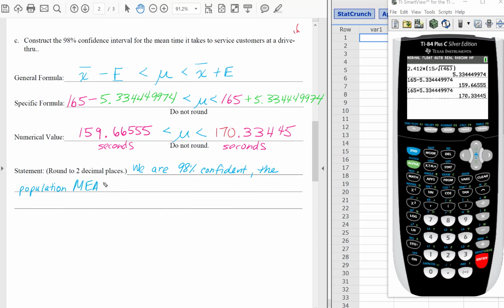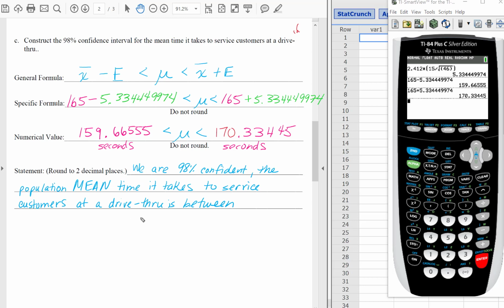Mean time it takes to service customers at a drive-thru is between, and we can state our answer.